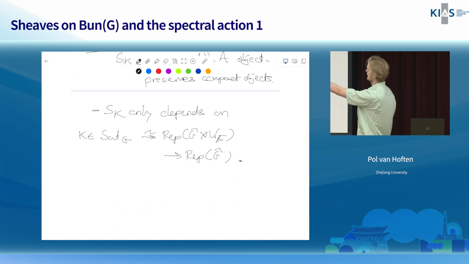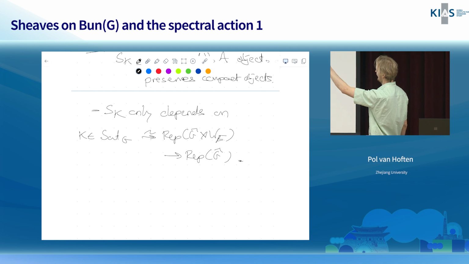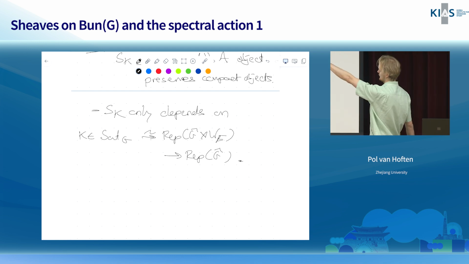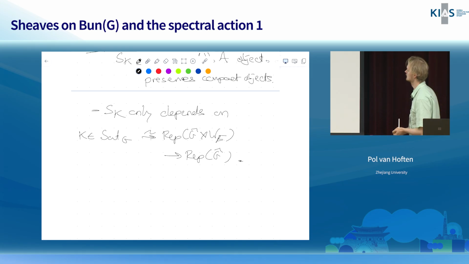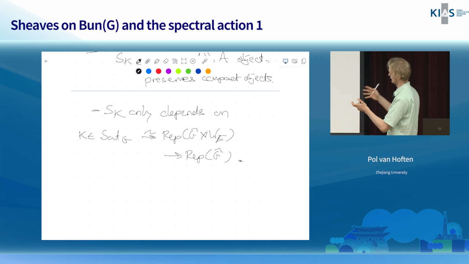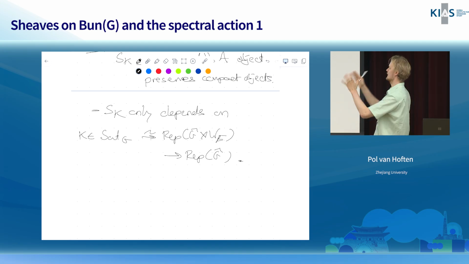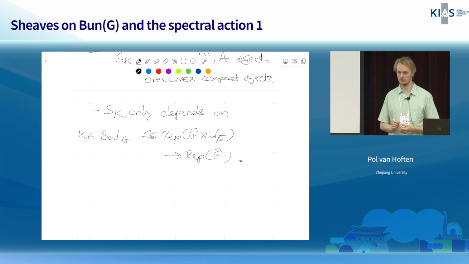So let me be more precise: if you have K and K prime, and they become isomorphic under this forgetful map, then Sk and Sk prime are isomorphic as functors. So actually, you can upgrade it to an action of all of Rep G hat. Yes, you get an action of Rep G hat. Okay, so this Galois action will be important in a moment, but for now it doesn't play a role.